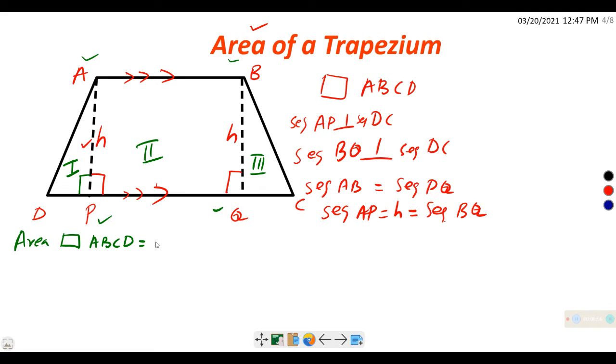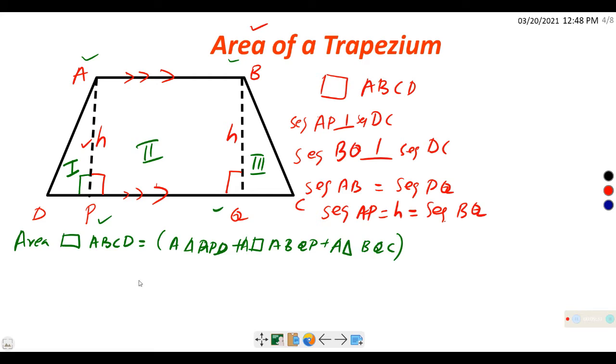So let me write it in that format: area of the trapezium is equal to the sum of the area of, let me name this triangle as APD, the first triangle, plus the area of the rectangle ABQP, then plus the area of triangle BQC.